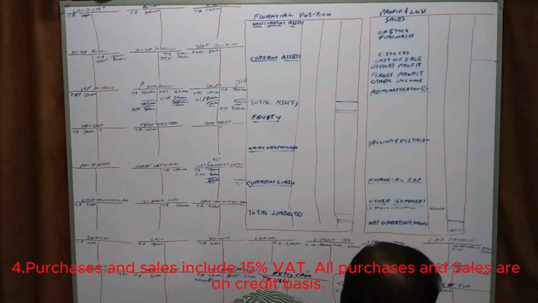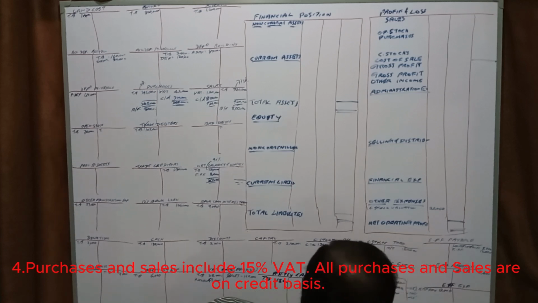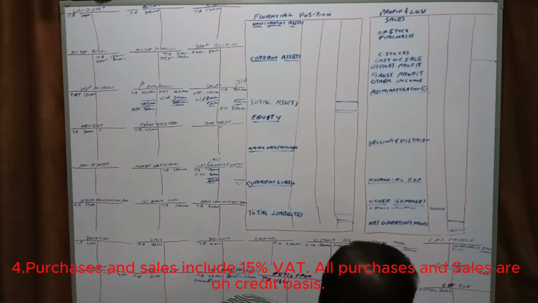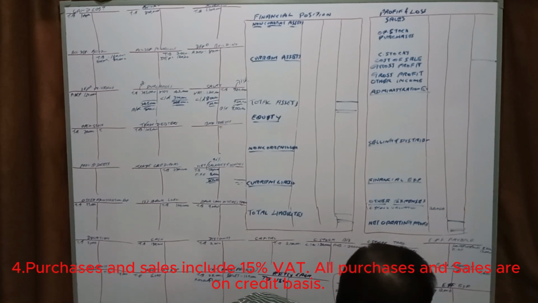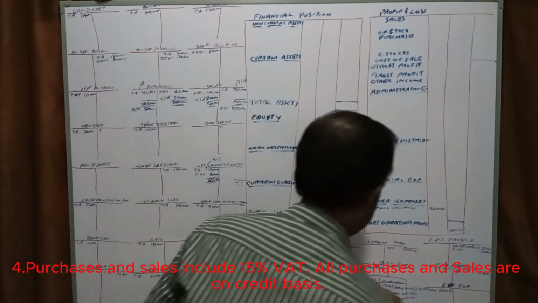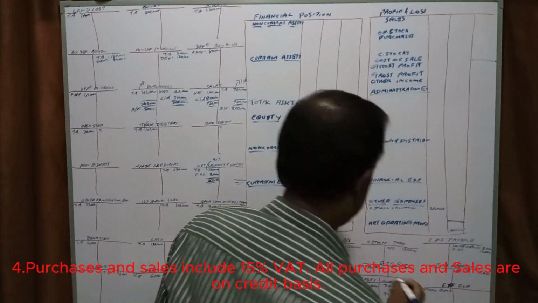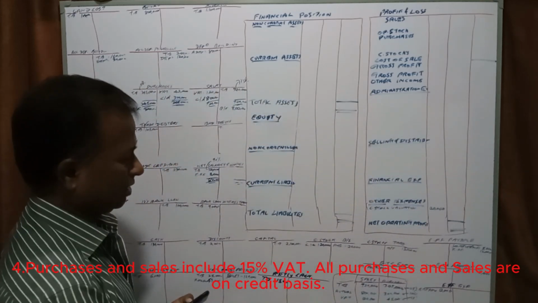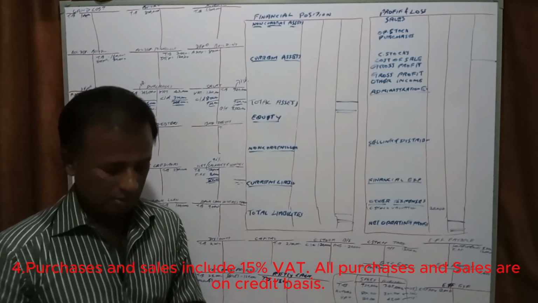What is the VAT portion? The VAT portion is 120,000 and here it is 45,000. This is the working. This is 115, this is 100, this is 50. This is simple work. Just go through it, right?